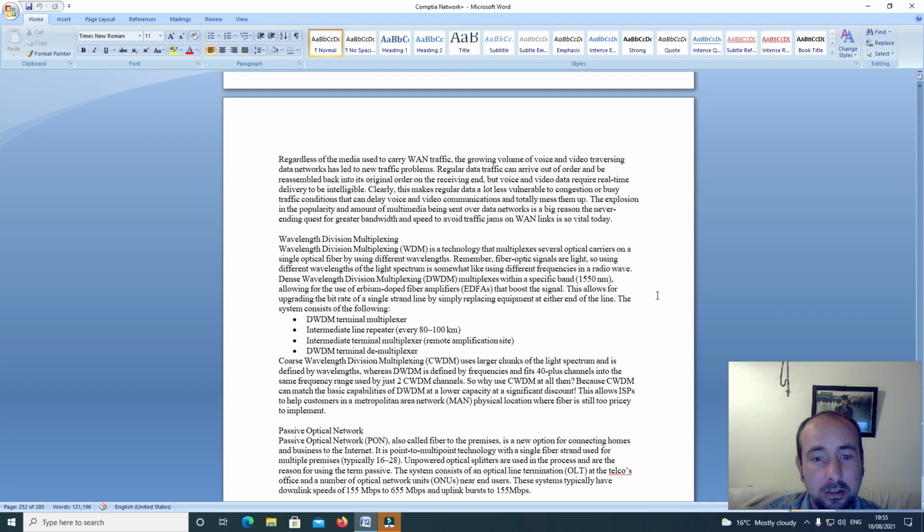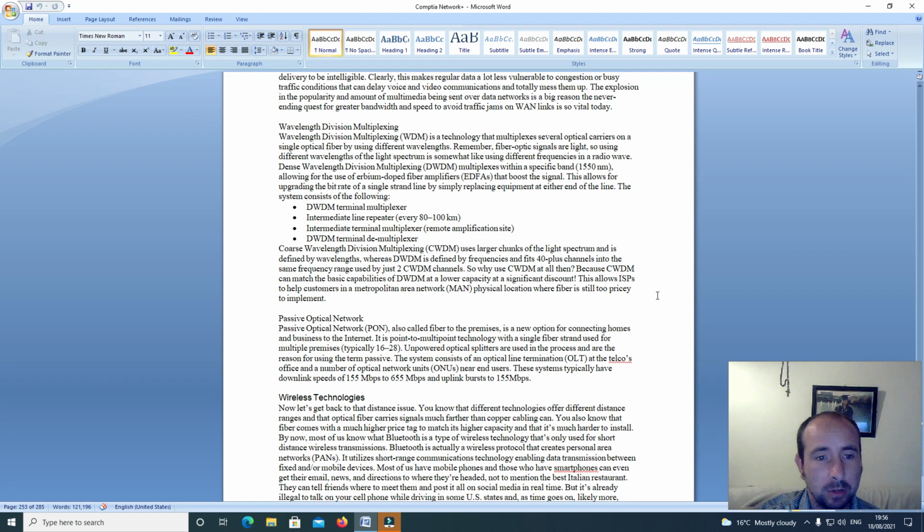Clearly, this makes regular data a lot less vulnerable to congestion or busy traffic that can delay voice and video communications and totally mess them up. The explosion in the popularity and the amount of multimedia being sent over data networks is a big reason the never-ending quest for greater bandwidth and speed to avoid traffic jams over WAN links is so vital today.